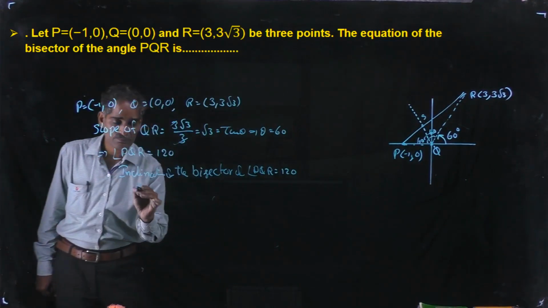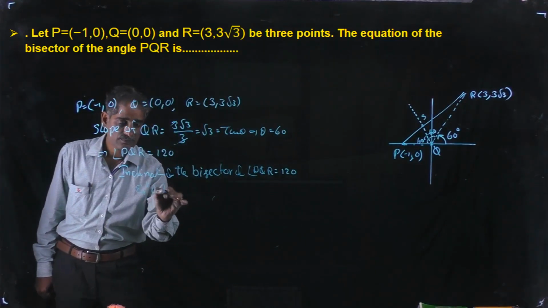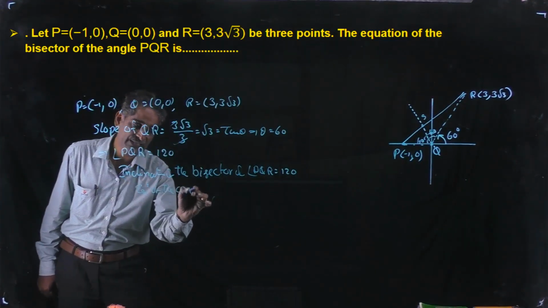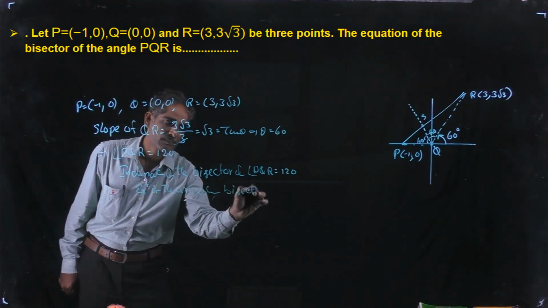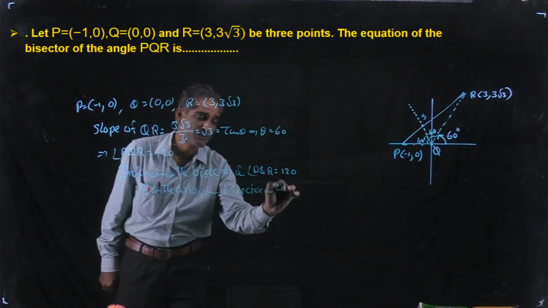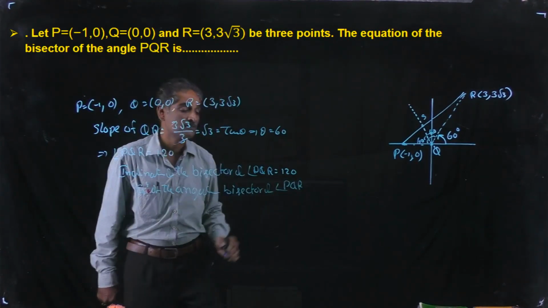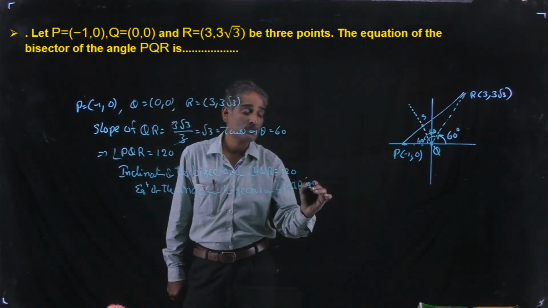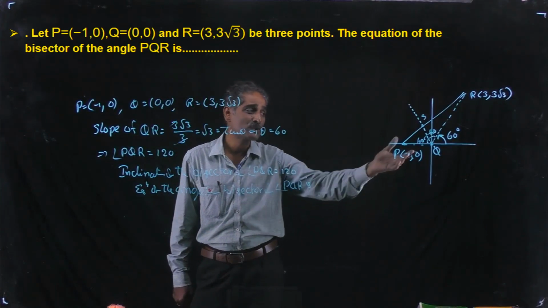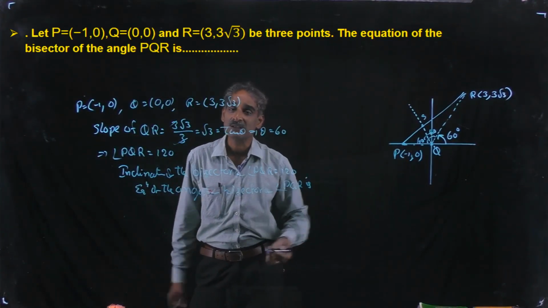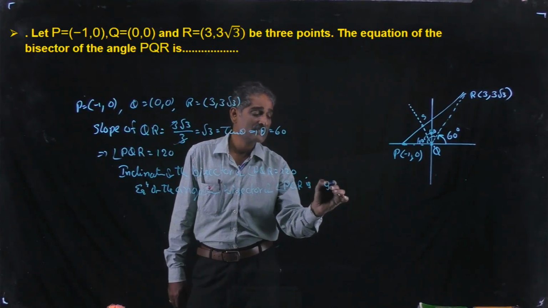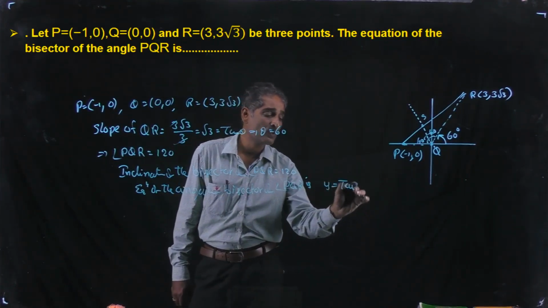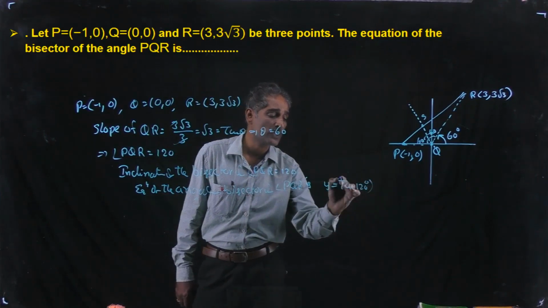The equation of the angular bisector of angle PQR is the line passing through the origin with inclination 120 degrees, y equal to tan 120 degrees into x.